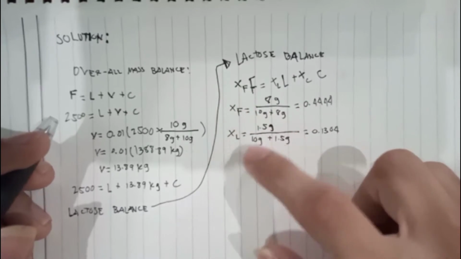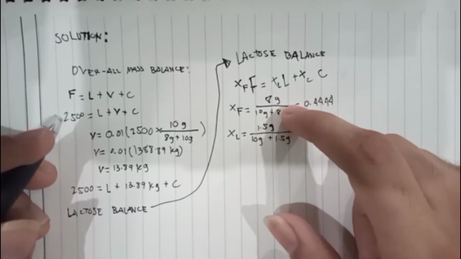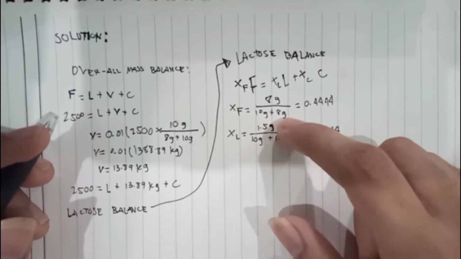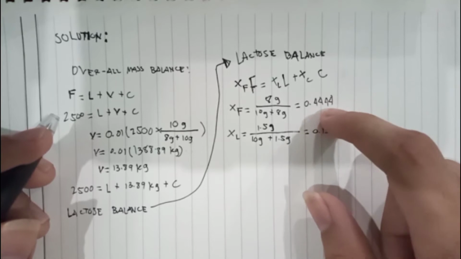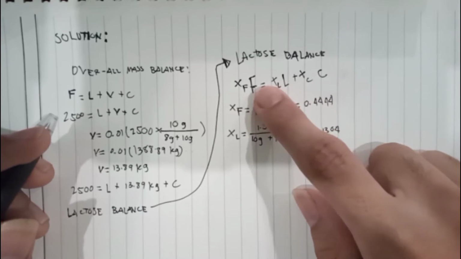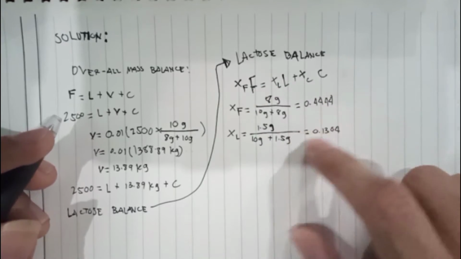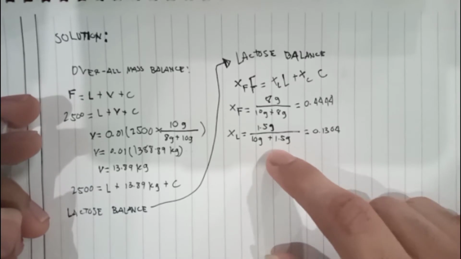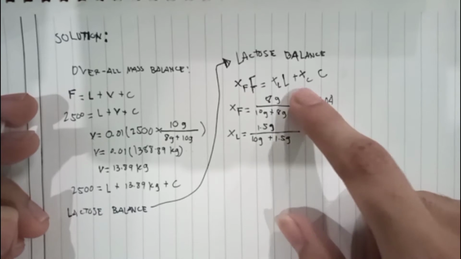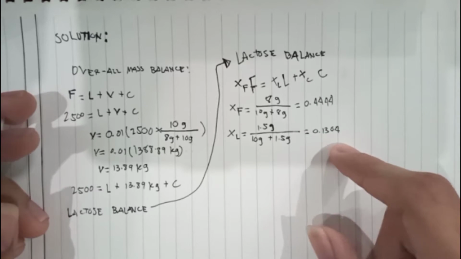So 8 gram over 10 gram plus 8 gram equals 0.4444, the mass fraction of lactose in our feed at 57 degrees Celsius. And the mass fraction of lactose at 10 degrees Celsius in our liquor is 0.1304.